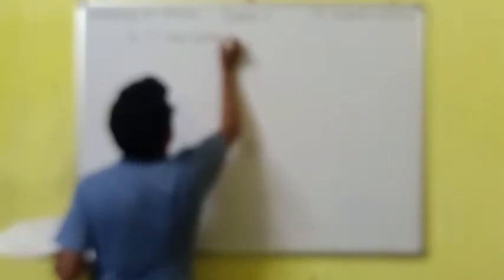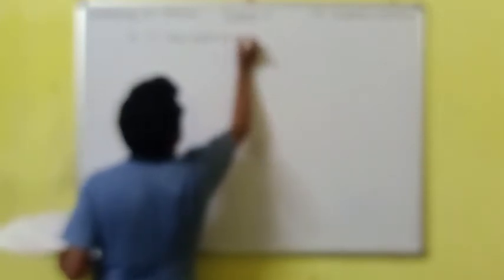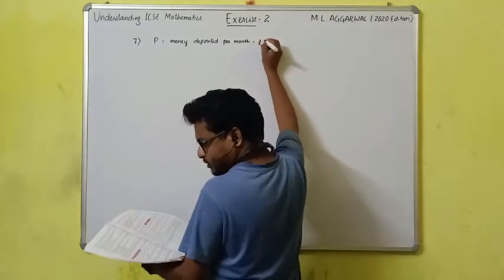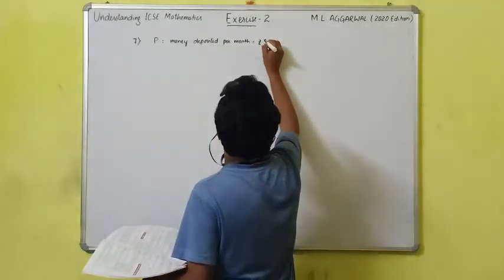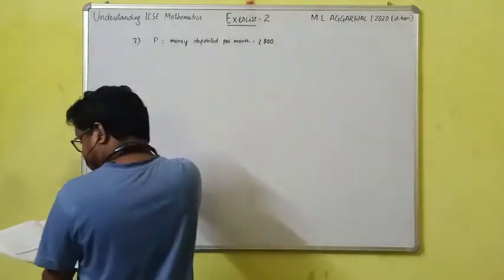So P is equal to money deposited per month. So money deposited per month is equal to how much? For Shahrukh it is 800. Then what is your next?